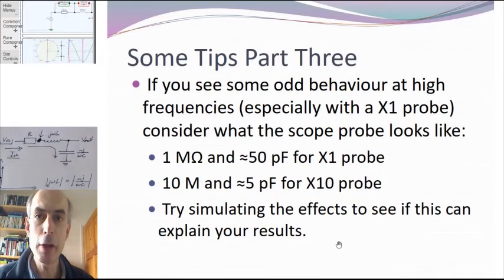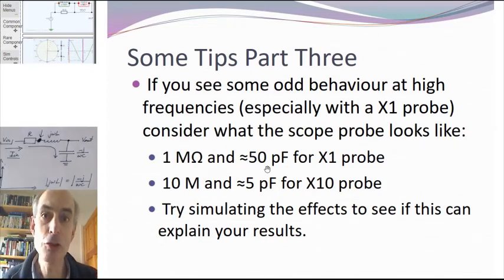Finally, very important in this lab to take your measurements using a ×10 oscilloscope probe. A ×1 oscilloscope probe effectively looks like a 1 megohm resistance, which isn't so much of a problem, but also a 50 picofarad capacitor in parallel with whatever you're trying to measure over. And that can disrupt the behavior of the circuit.